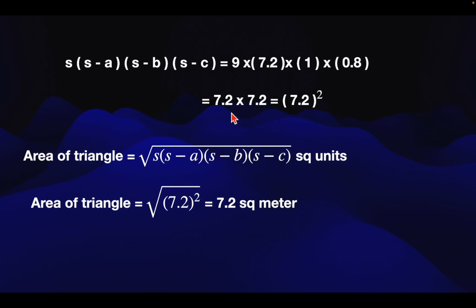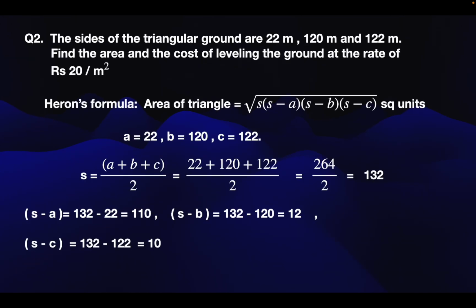The other 7.2, leave it as it is. So this whole expression is now 7.2 the whole square. If you take the square root of this, you will get the answer as 7.2 square meter. So this portion, s into (s minus a) into (s minus b) into (s minus c), always try to write it in square form, in this kind of indices.